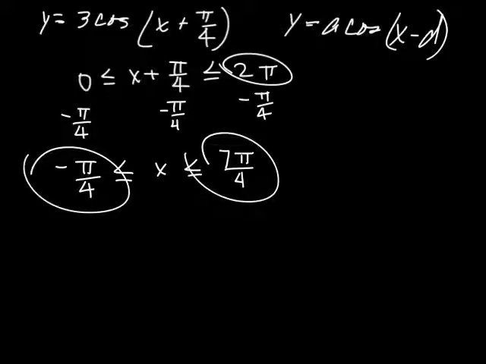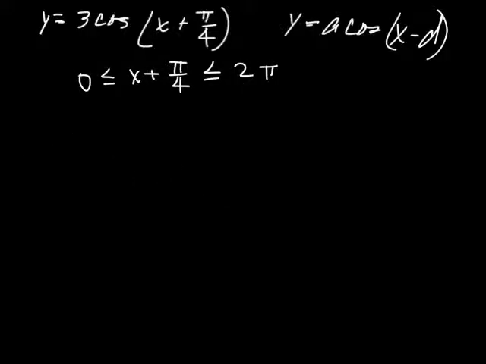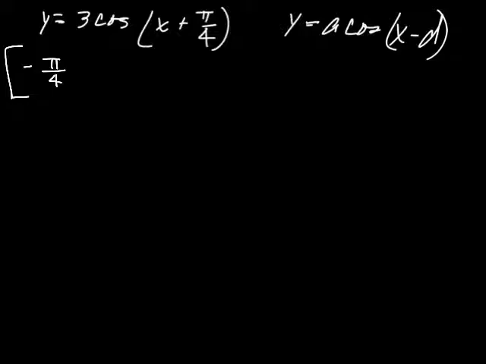Our interval is 2 pi, but our endpoints are at negative pi over 4 and 7 pi over 4. So I'm going to erase all this and just put our intervals on here, because I don't need to show all of that work. So we have negative pi over 4 and 7 pi over 4. And again, what we're going to do is try to find the halfway point and then the 3/4 and quarter points.